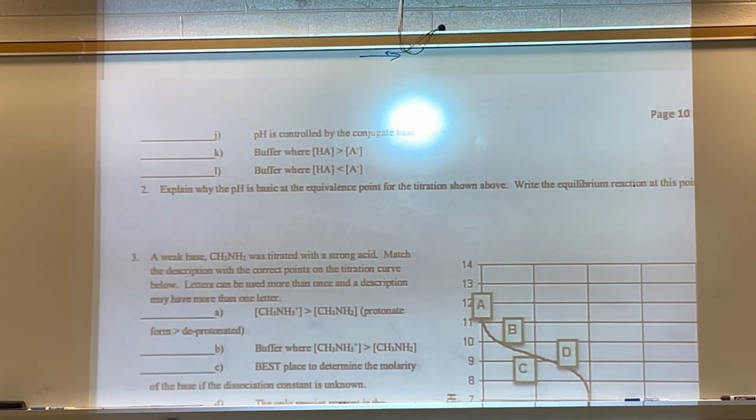The pH is controlled by the conjugate base. What's the conjugate base of HA? A minus. When is the pH controlled by A minus alone? At the equivalence point E. That's how we find the pH at the equivalence point. Remember we have Ka, so we have to use Kw over Ka to find Kb.